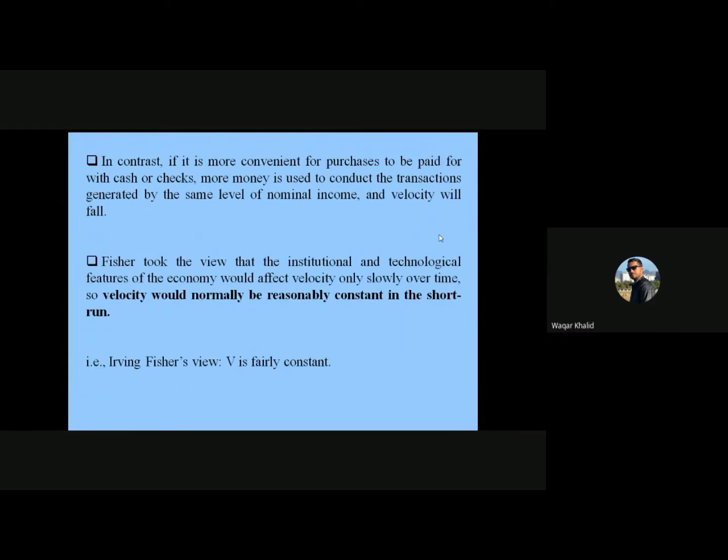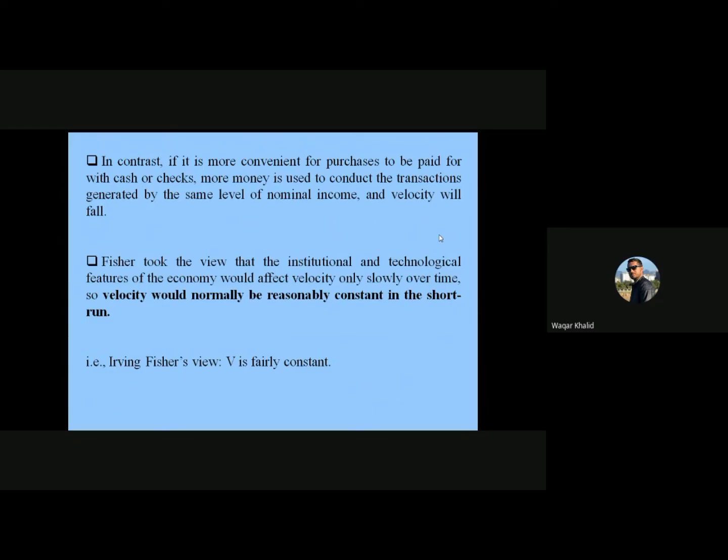Suppose you want to purchase something from the market and you have money in hand and you don't have, suppose, the ATM card. The case will be reversed. The impact will be different. If it is more convenient for purchases to be paid for with cash or checks, more money is used to conduct the transactions generated by the same level of nominal income. So in this case, velocity will fall.